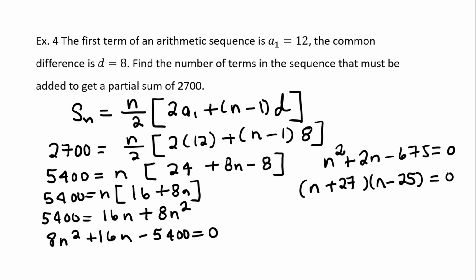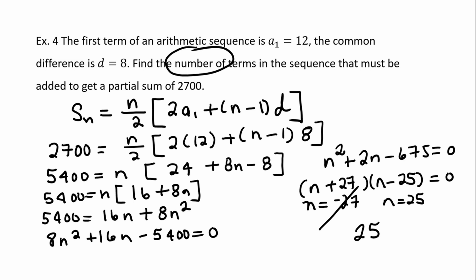We'll use the zero product property to solve for each of the factors, and we get n equals negative 27 and n equals 25. Two possibilities, but the question said find the number of terms, and so that necessarily throws out the negative, and we get that 25 is the number of terms for this sequence in order to get a partial sum of 2,700.